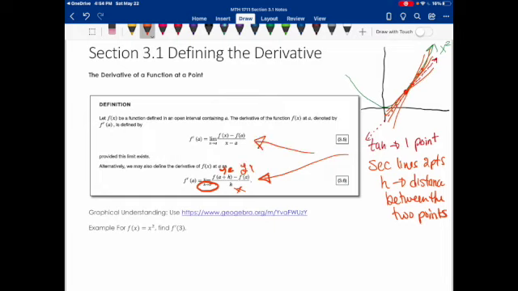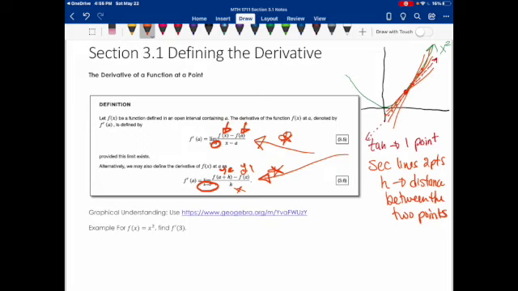That's this definition here, and this one's very similar. We're just using the point of interest and then plugging in other points here, and then we find the limit as these values that we plug in for x get closer and closer to a. So there's two equations you can use for the definition.